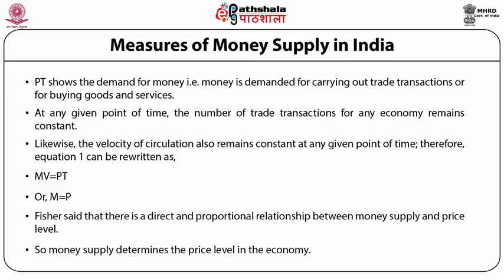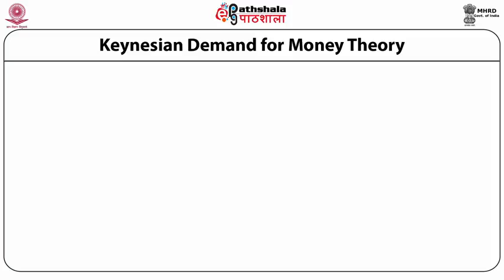So money supply determines the price level in the economy. His version of the theory is criticized on the grounds that it is a simple truth, and he could not explain the reasons for this relationship and also for not covering the store of value function of money, but nevertheless, a positive relationship between money supply and prices does exist even today.